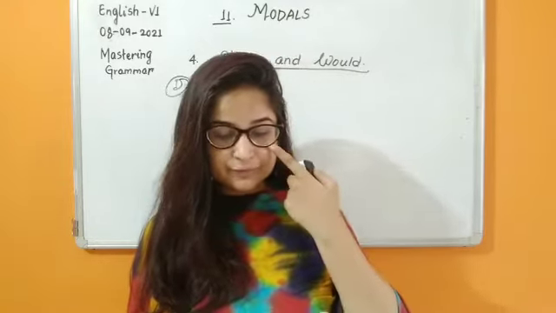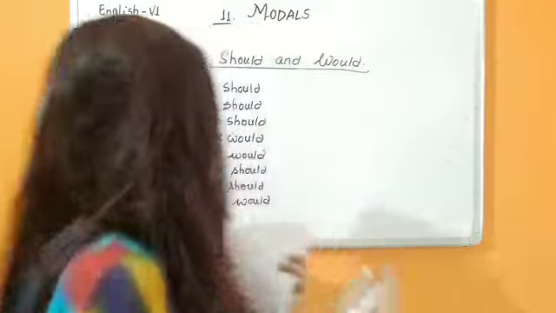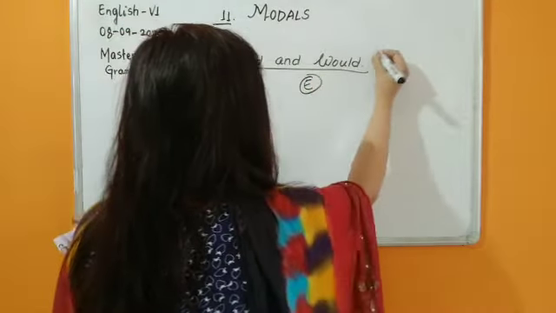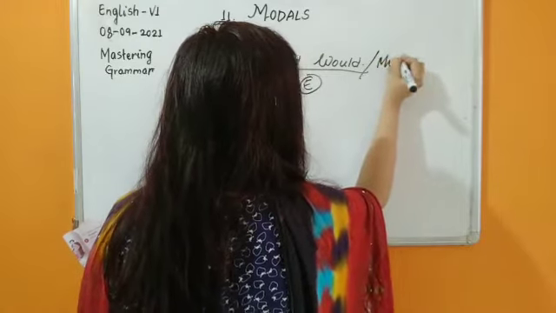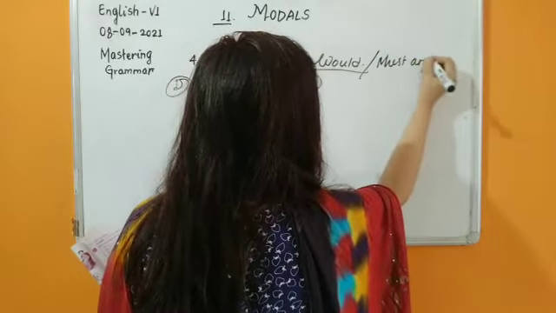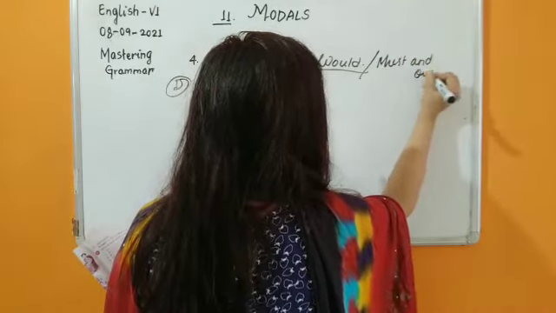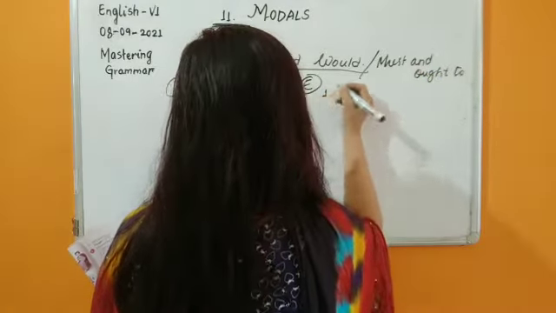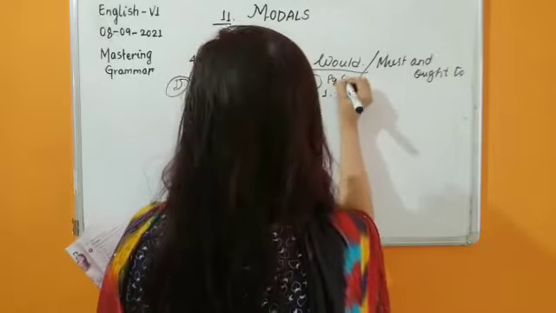Now see, let's move to Exercise E. Let me not rub the board and just add it here only. So we are talking about must and ought to. E number 1, on page number 61.